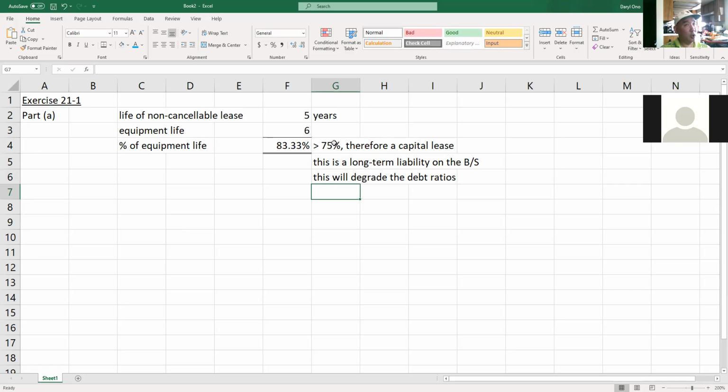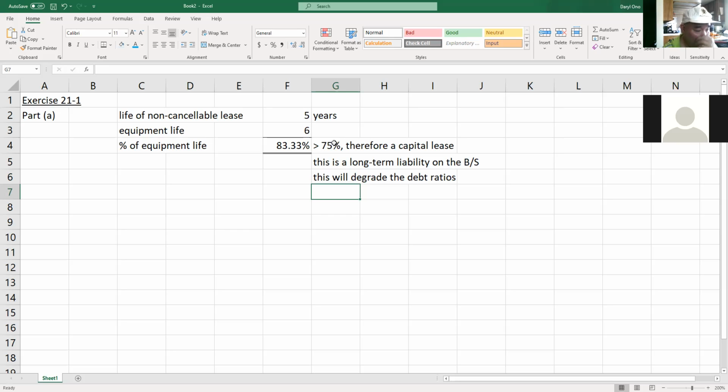All right. So the next question becomes then, if it's going to go on the balance sheet, what's going to go on the balance sheet? So remember, they gave us a kind of a funny number here.